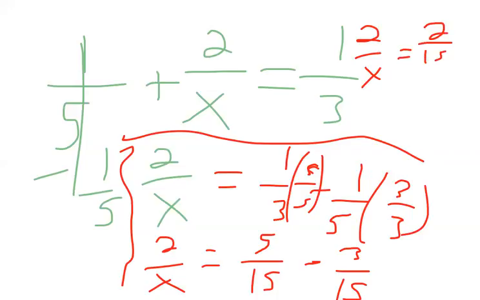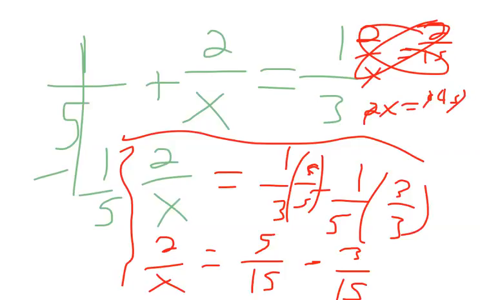In this case, it's pretty clear that x is 15. You could technically do cross multiplication, but you get 2x equals 2 times 15. So the 2 turns out, so x is 15. So in this case, x is going to be 15. And you move on. Okay, let's go to the next one.